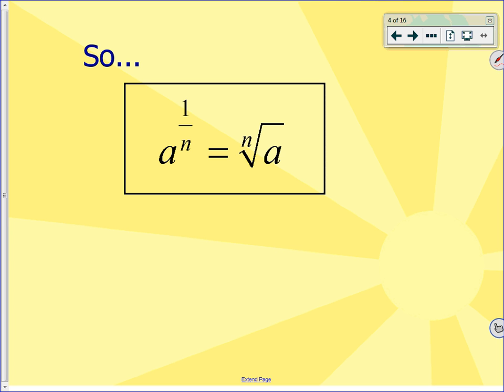So whatever you are dividing by is the root. And so when I take numbers to fractional powers, in my mind, I always think of them as a root. I don't think of them as that power because my brain thinks better in terms of square roots than it does in terms of fractional exponents.